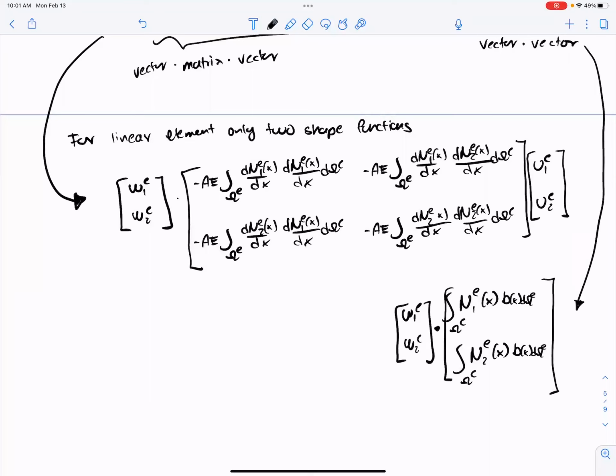So hopefully now this looks a little bit more like the truss problems. This matrix right here, this is my stiffness matrix.